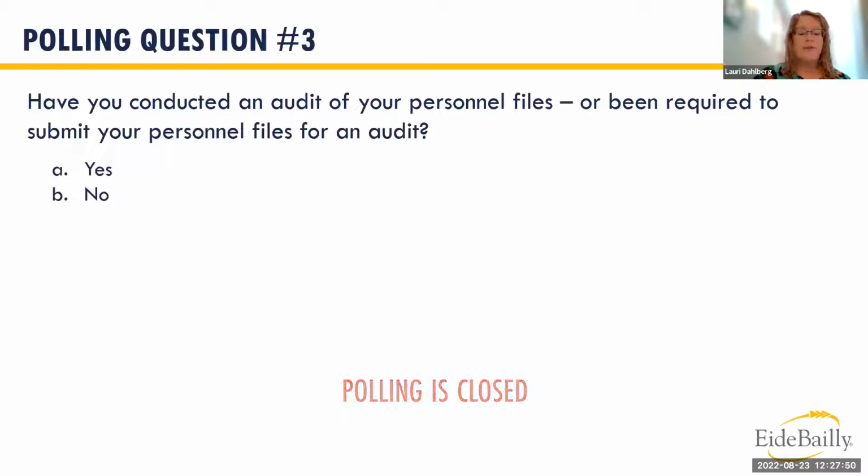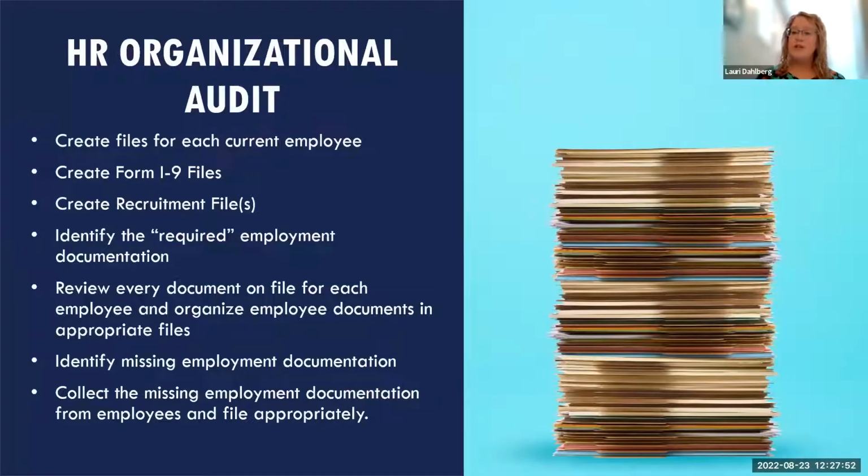So we have talked about these various files that you should have on an employee. If you're going to do your own internal HR audit, the first thing you should do is to create those files for each one of your employees. So if you have 10 employees, all 10 of your employees are going to have a personnel file, a benefit medical file, and a payroll confidential file.